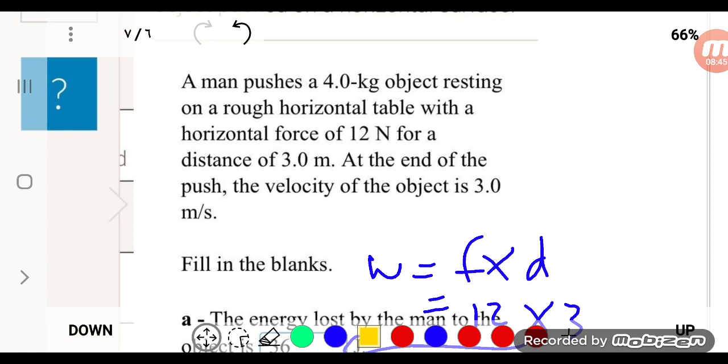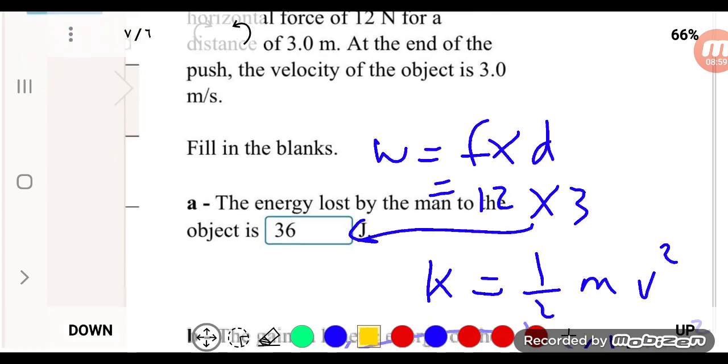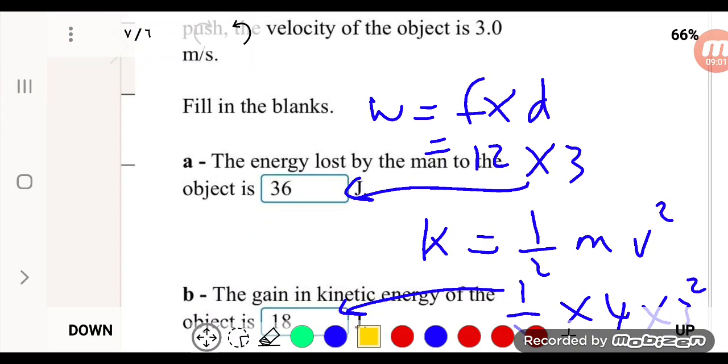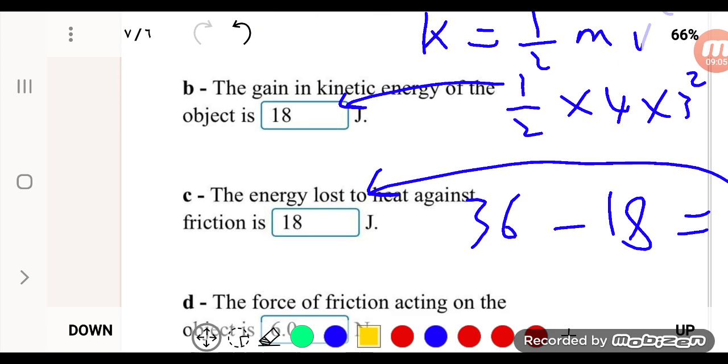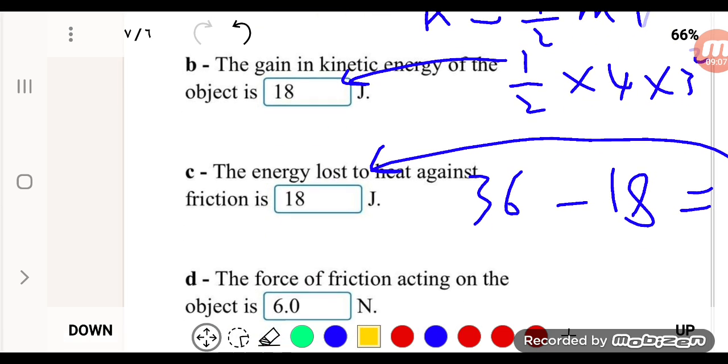A man pushes a 4 kilogram object resting on a rough horizontal table with a horizontal force of 12 newton for a distance of 3 meters. At the end of the push, the velocity is 3 meters per second. Energy lost by the man is 36. Gain in kinetic energy is 18. Energy lost to heat is 18.